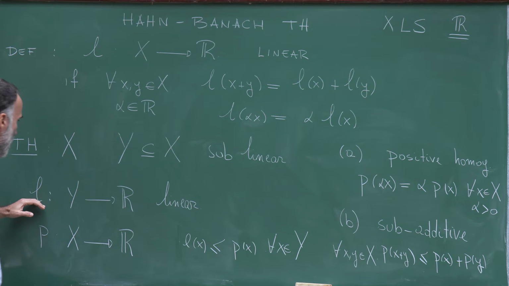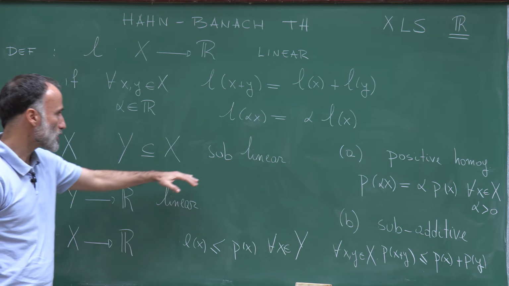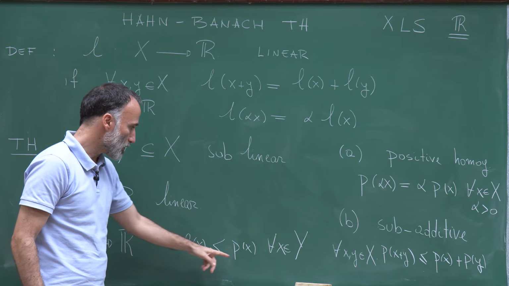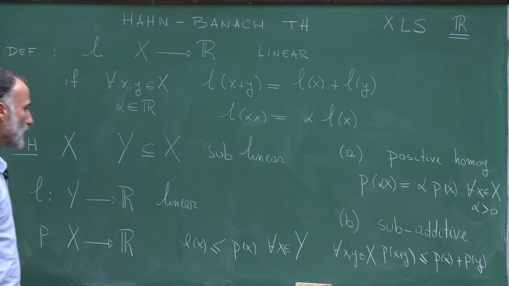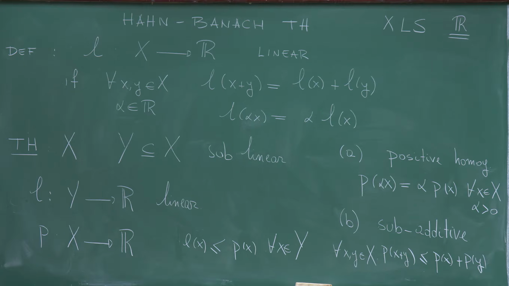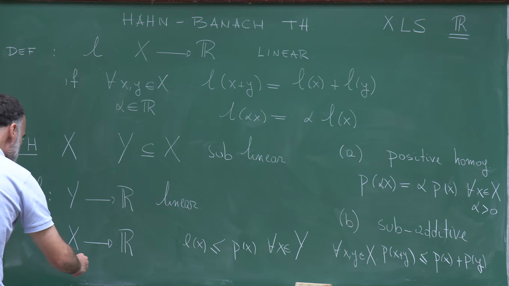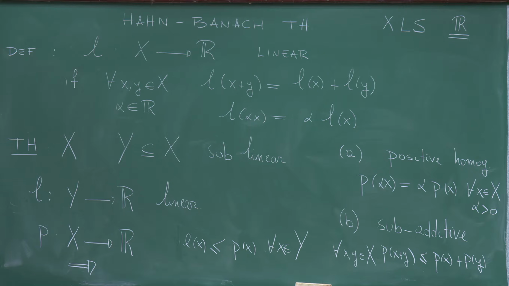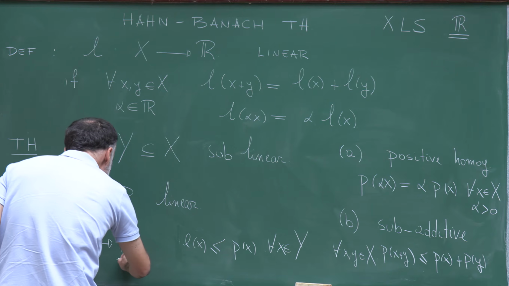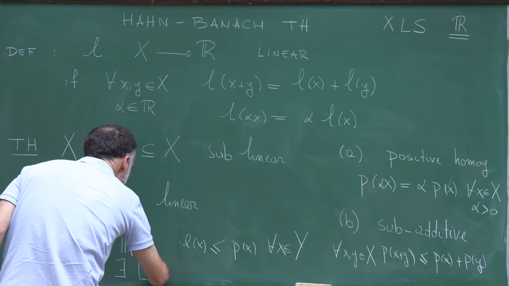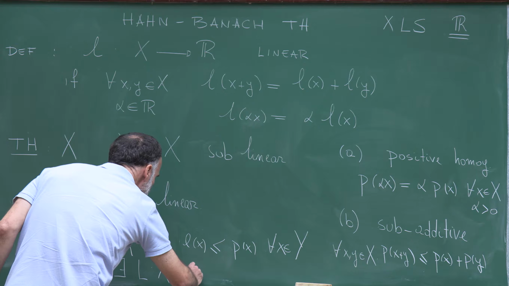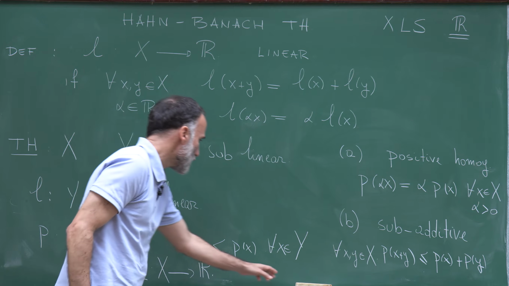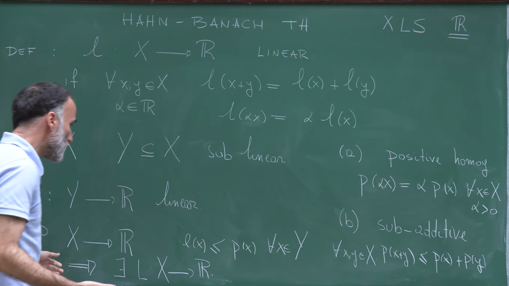So we have L, which is defined on a sublinear space. L is linear. It's bounded by a functional which is subadditive and positive homogeneous. And the statement is then, if these conditions are met, then there exists a linear functional L, which is defined on X, with three properties.